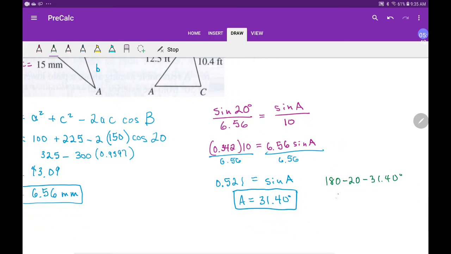Angle C, the big one. The measure of angle C is 128.6.